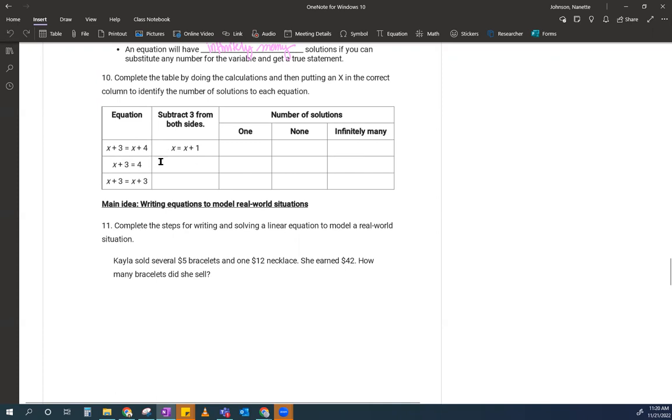We subtract 3 and we subtract 3, then we get this. And now what I want to do is subtract x from both sides, and we get 0 equals 1, but it doesn't. 0 does not equal 1. So this is no solutions, because I can't think of a number that would ever make 0 equal 1.